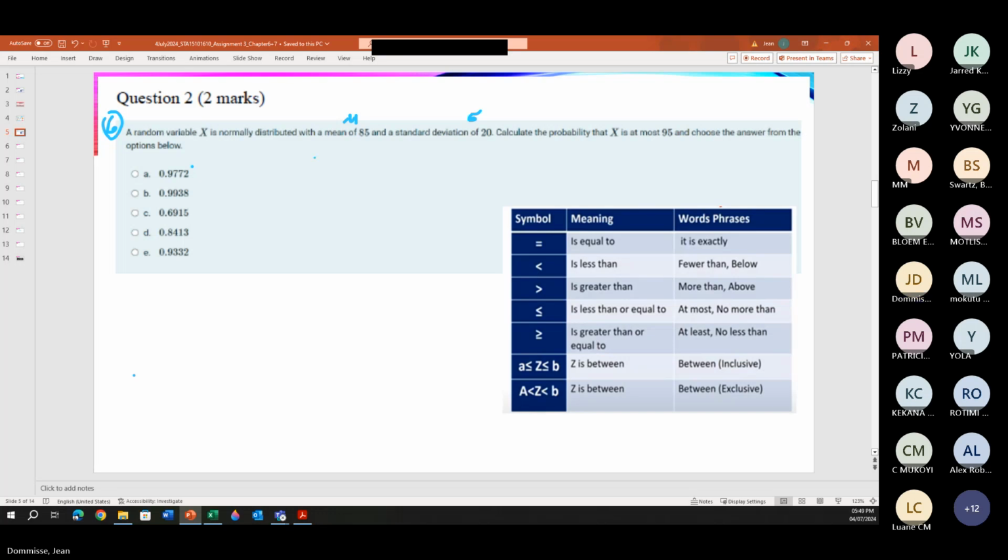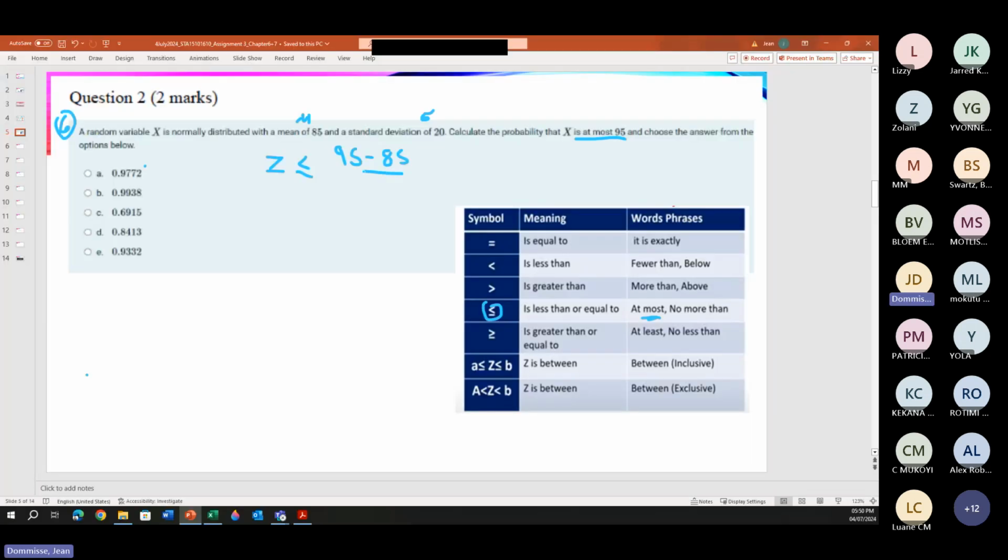So let's see where Z is at most. At most. Okay. So smaller or equal to 95 minus 85, divided by 20.